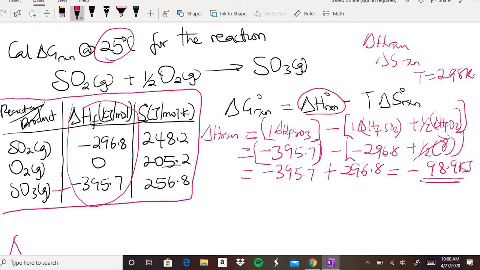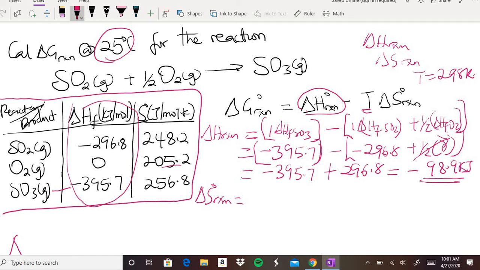So we already know this, and we need to find the entropy. Likewise, we find the entropy of reaction the same way, which is the product minus reactant as usual.